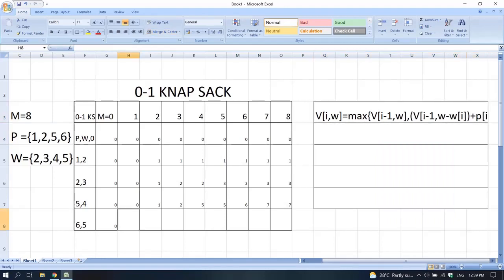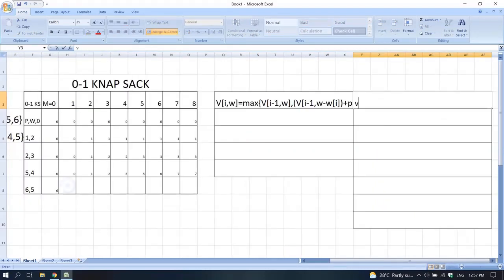Let us consider this cell. For V[4, 1], i minus 1 is 3, so V[3, 1] is 0, not 1. And V[i-1, W-Wi], that is V[3, 1 minus 5] plus P of i, which is 6.